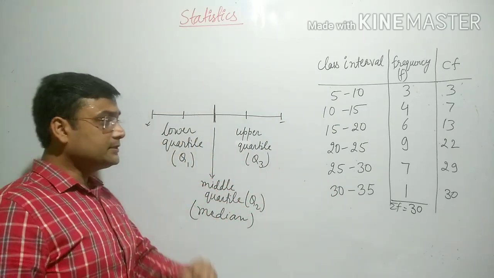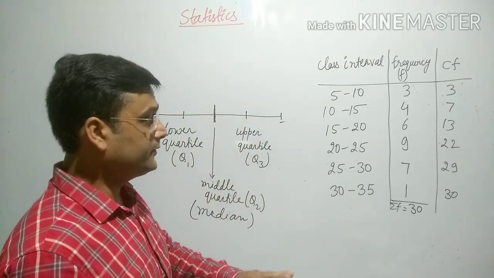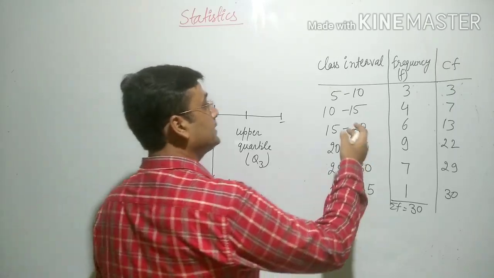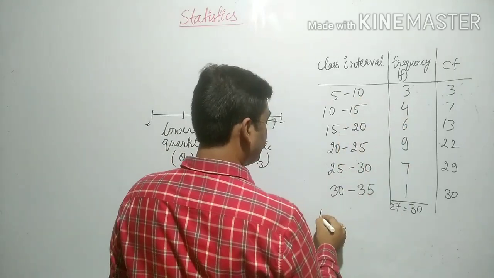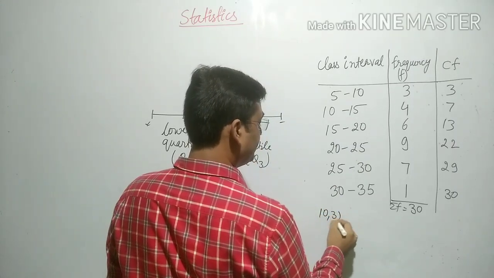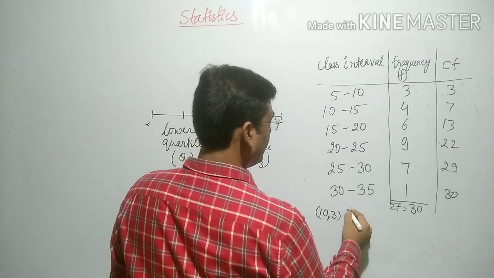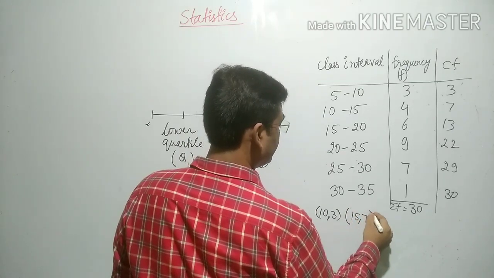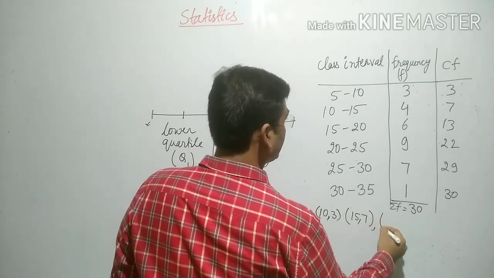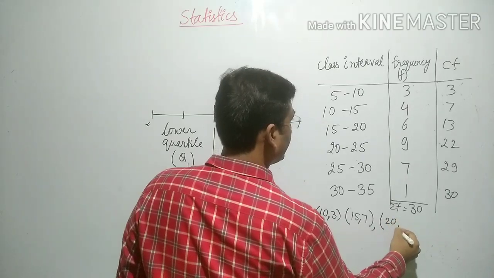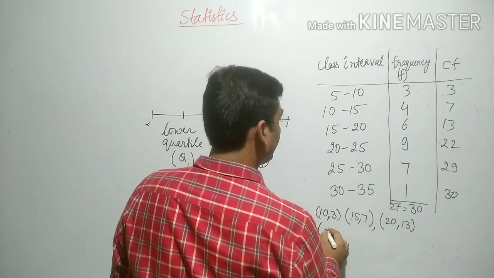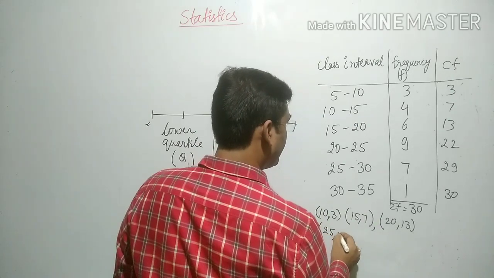After understanding these things, we find the CF, then we take the points here and create the sets. The first will be 10, 3. The next set will be 15 and 7. Third will be 20 and 13. Fourth will be 25 and 22.